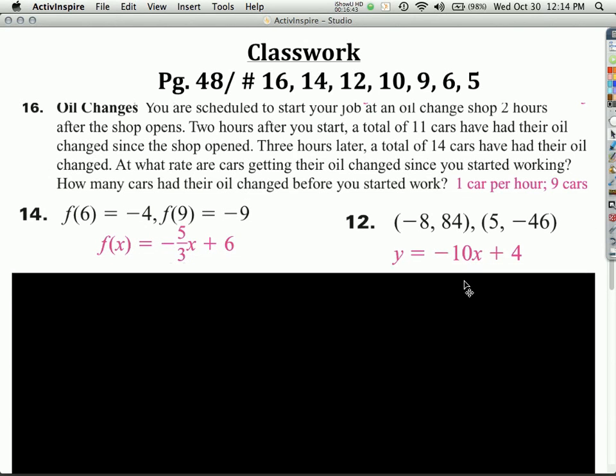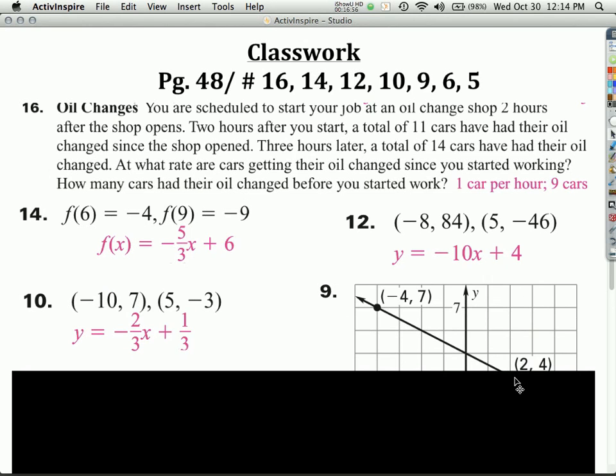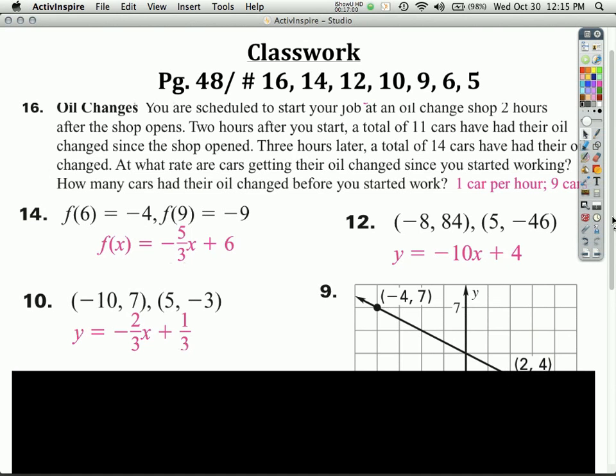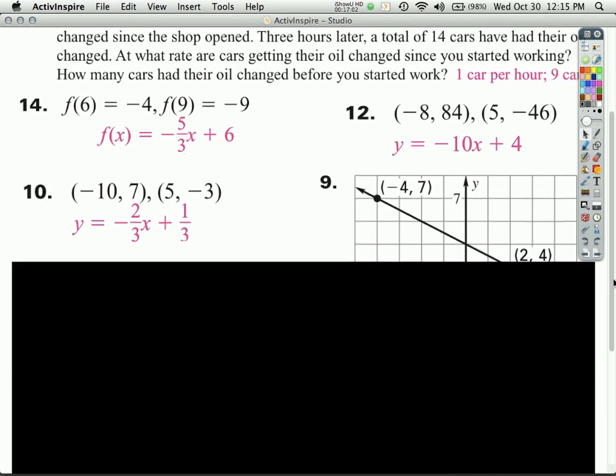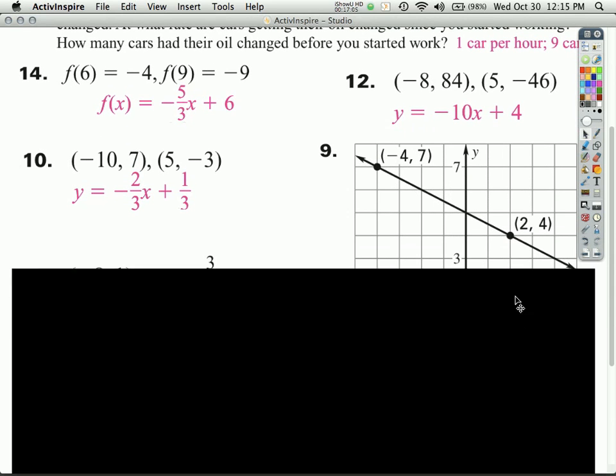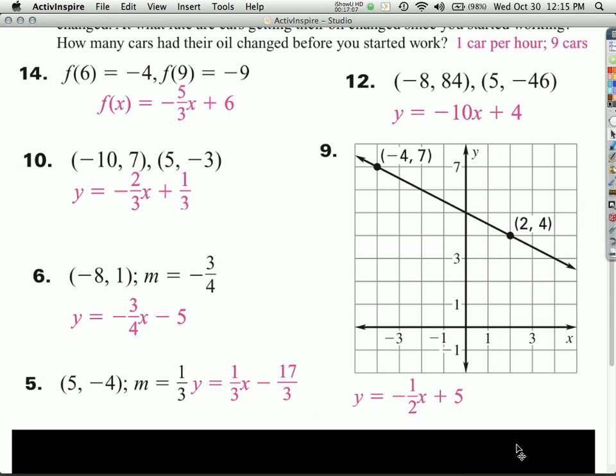Number 14, if you wrote it as y equals, that's fine. But it's f of x equals negative 5/3 x plus 6. Number 12 is y equals negative 10x plus 4. Number 10, y equals negative 2/3 x plus 1/3. Number 9, you were given a graph.